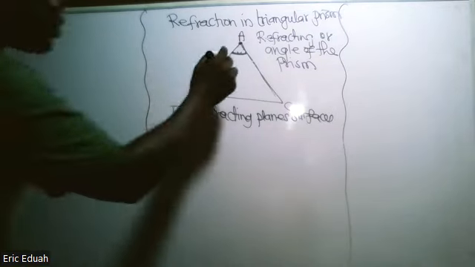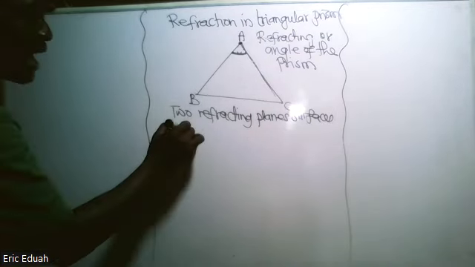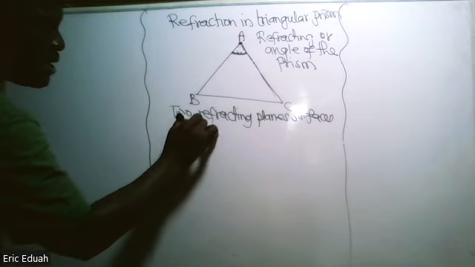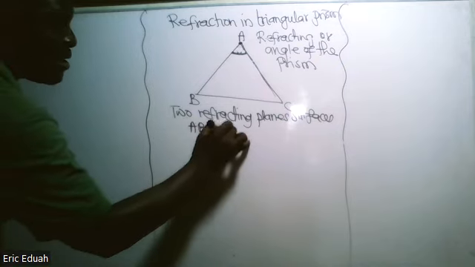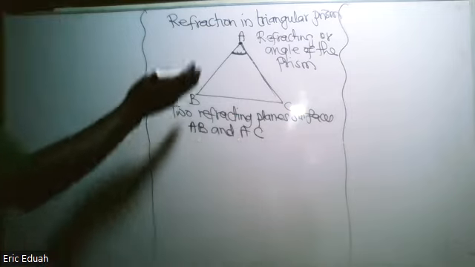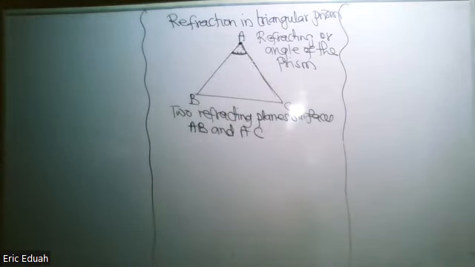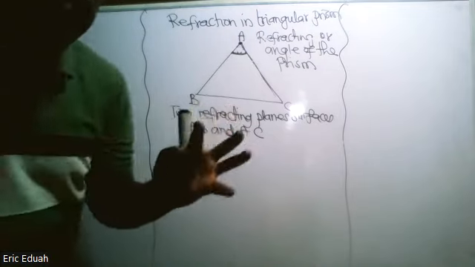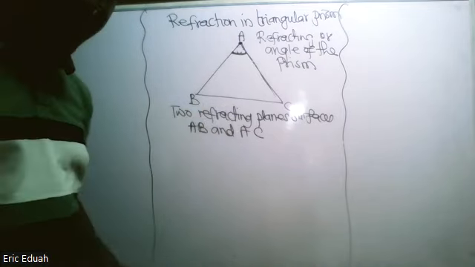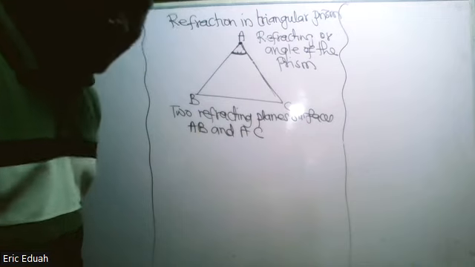Here, the two refracting surfaces are AB and AC. So this side and this side are the parts that refract or bend the path of light.